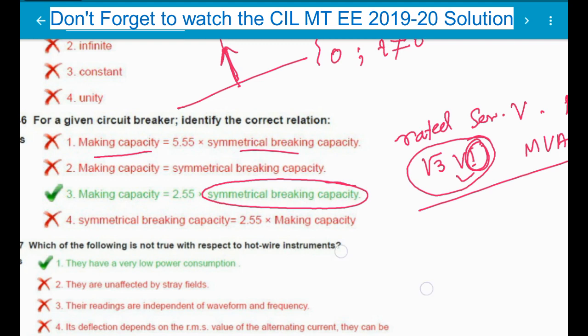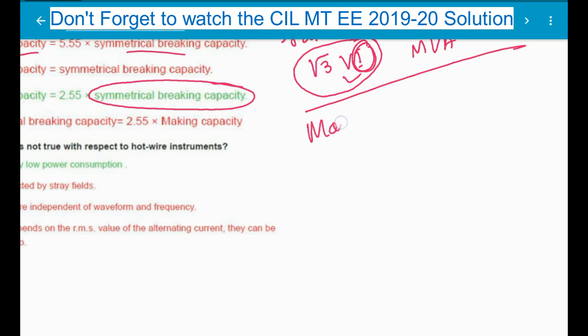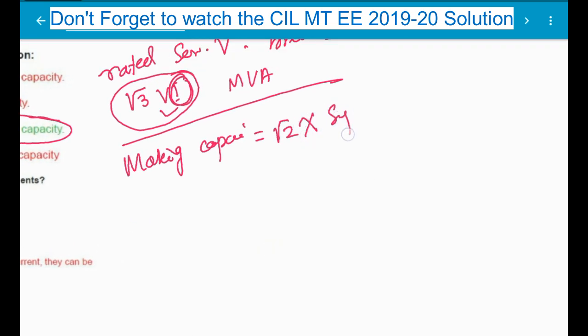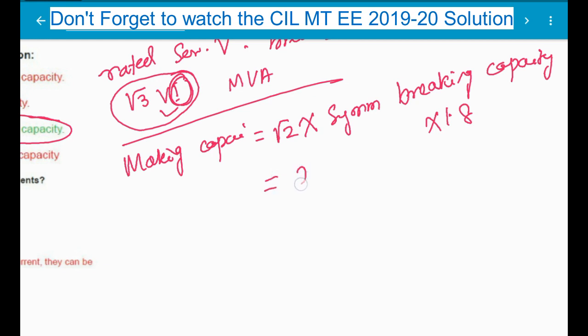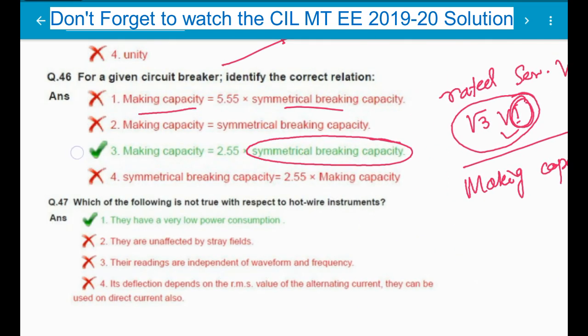So making capacity is equal to root 2 into symmetrical braking capacity into 1.8. 1.8 is the doubling effect of maximum asymmetry. So this will be equal to 2.55 into symmetrical braking capacity. So the answer is given, the correct answer.